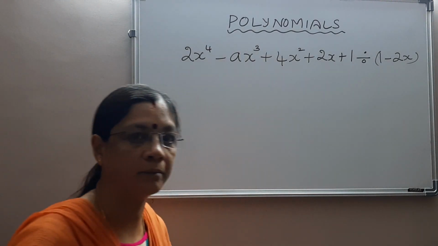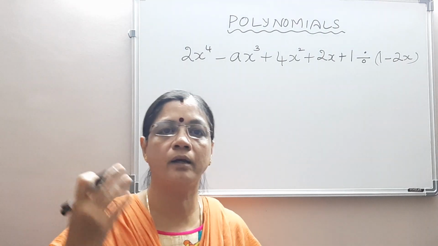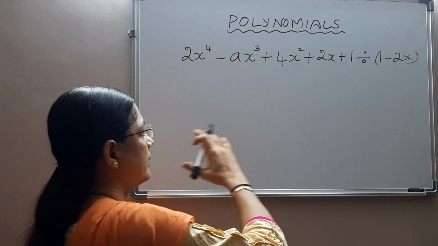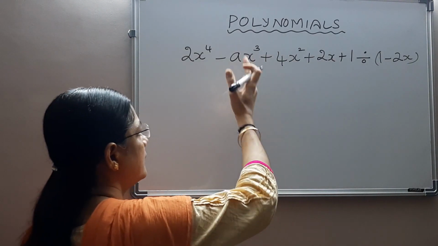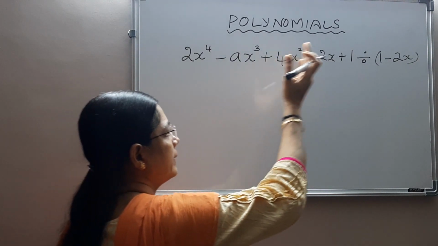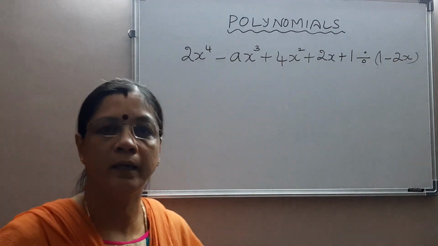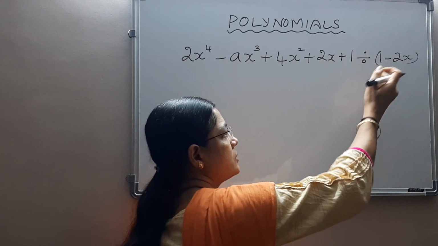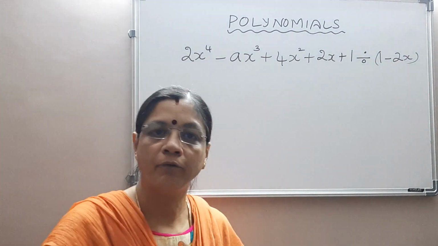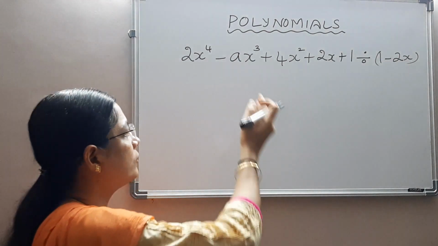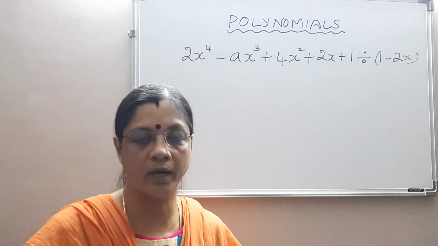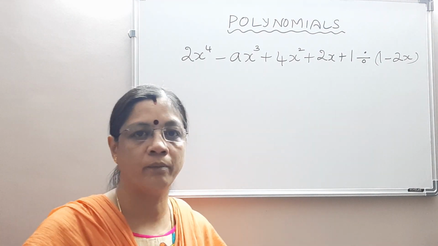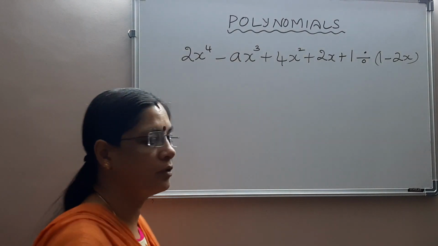Now they have said that it is divisible by 1 minus 2x. So what does it mean? If a given polynomial is divisible by a linear polynomial, it means that the linear polynomial 1 minus 2x is a perfect factor of the polynomial. Okay, do you understand? So what is the condition for a linear polynomial to exactly divide a given polynomial?